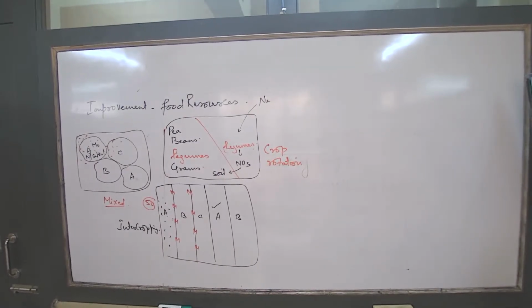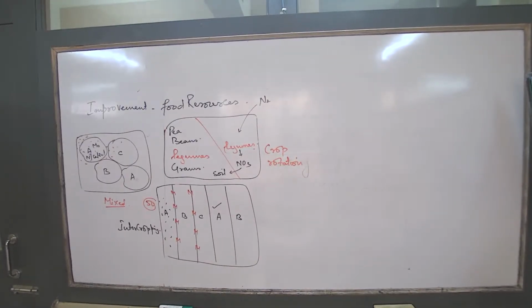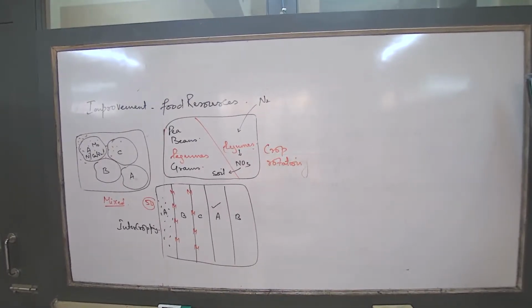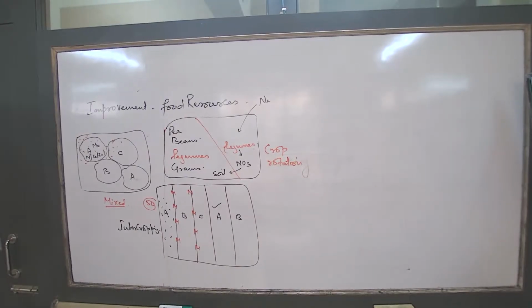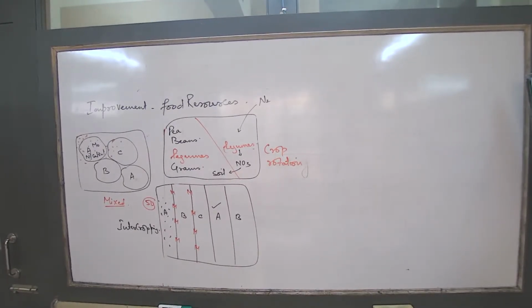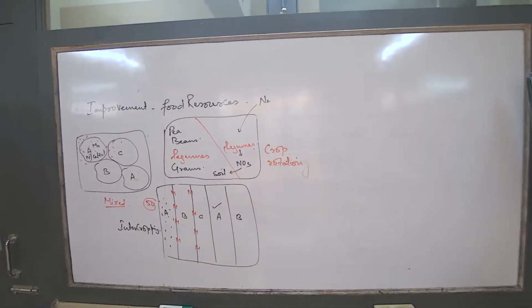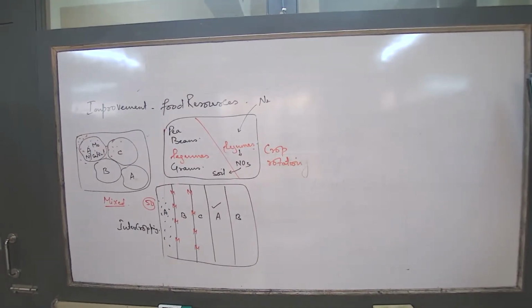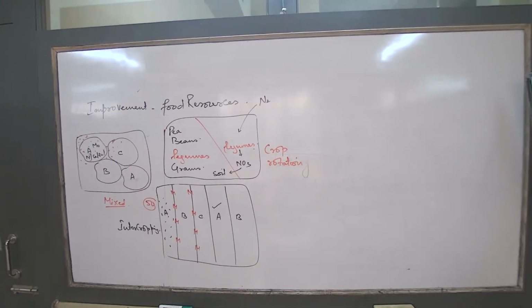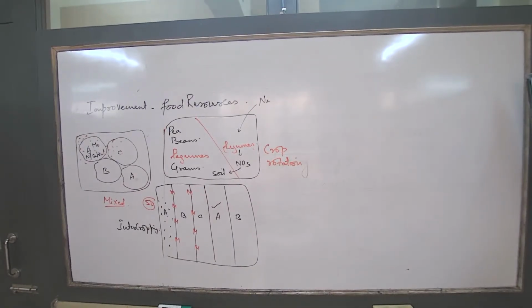Number 1, enough tilling, churning and mixing of the soil. If that is done on a regular basis, every 2 weeks, if you are able to do that, it is very good for a plant. Whatever weeds are there, they will all get destroyed.